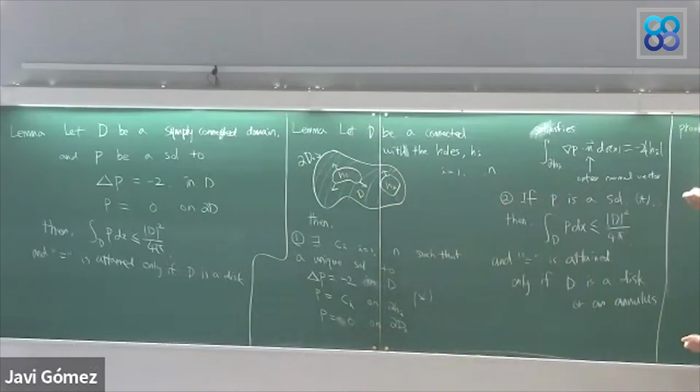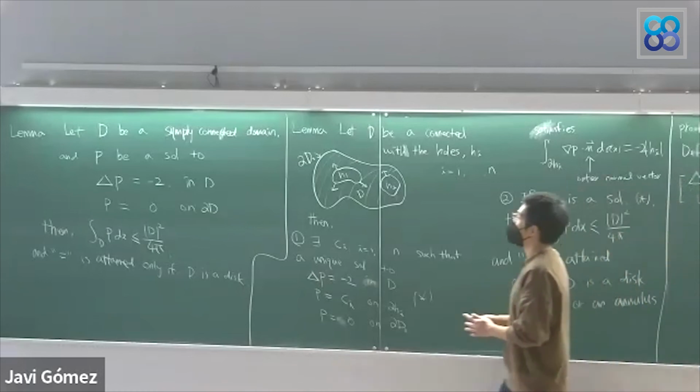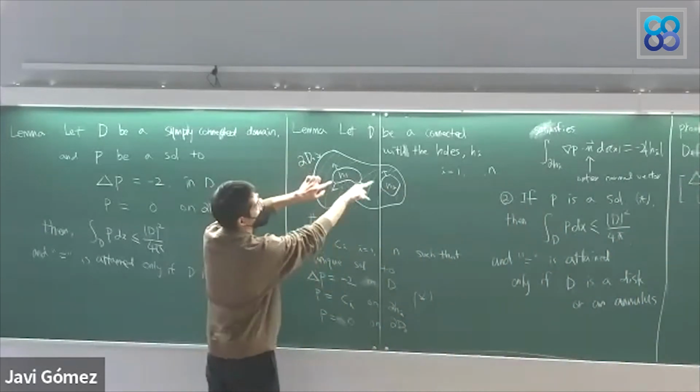I'm going to define two functions as solutions to the following. U is a superharmonic function, and U obtains trivial boundary value, so U is just 0 on the boundary, on the outer boundary and on the inner boundary.